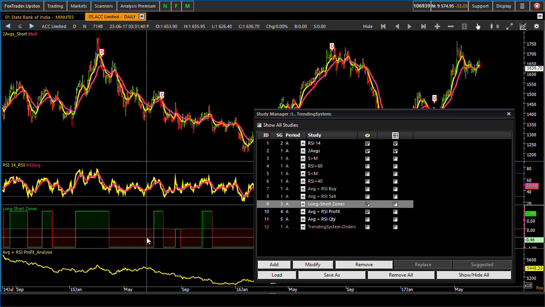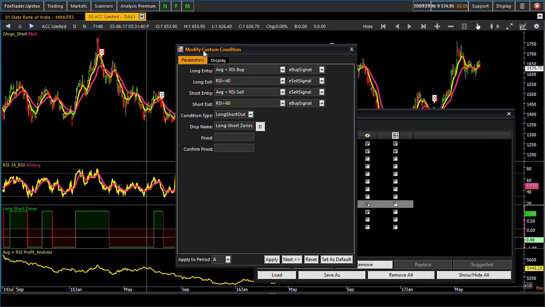So here also, once you have constructed your buy signal, your buy exit signal, your sell signal and sell exit signal, after that the point comes that you convert it into a long short zone like this. So for that I have used an indicator called custom condition. Custom condition is an indicator available which helps you convert your signals into long short zones like this.